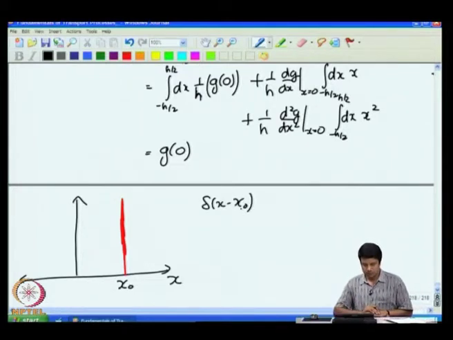So, I have just shifted the origin of my coordinate system to x 0 and I defined the delta function at the location x 0 as delta of x minus x 0.